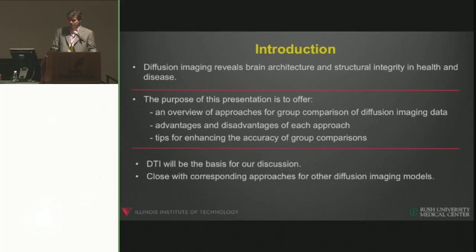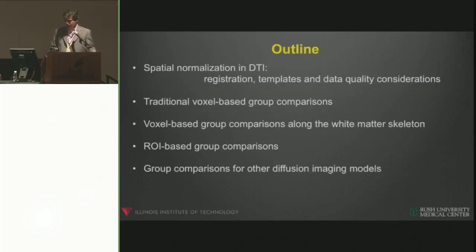We're going to use DTI as our basis, and then we're going to briefly talk about how we can adapt all of these ideas for other diffusion imaging models. So here's the overview of my presentation. We're going to start with spatial normalization in DTI and the role of registration algorithms, templates, and what's the role of the quality of our data in the accuracy of spatial normalization.